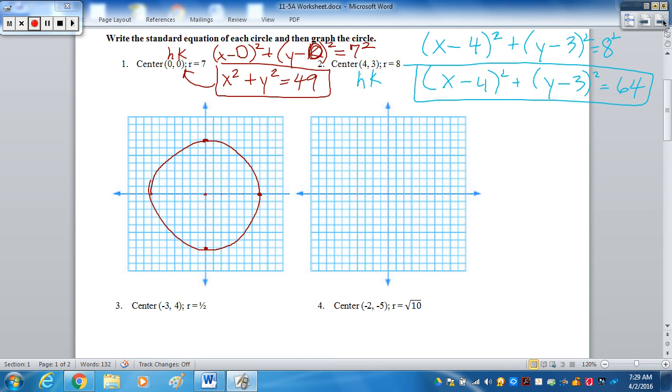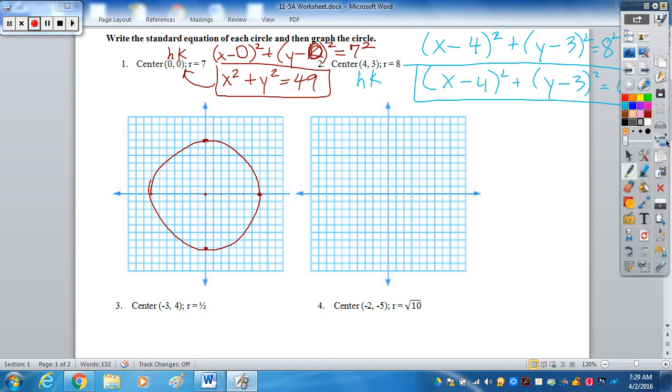Now, graphing it, I'm going to change my color here because it's kind of hard to graph that on top of what I already have. So we have 4, 3: 1, 2, 3, 4, 1, 2, 3, and you can put your point down there. That's the center, radius of 8. So 1, 2, 3, 4, 5, 6, 7, 8. Oh, went off the graph a little bit. That's okay.